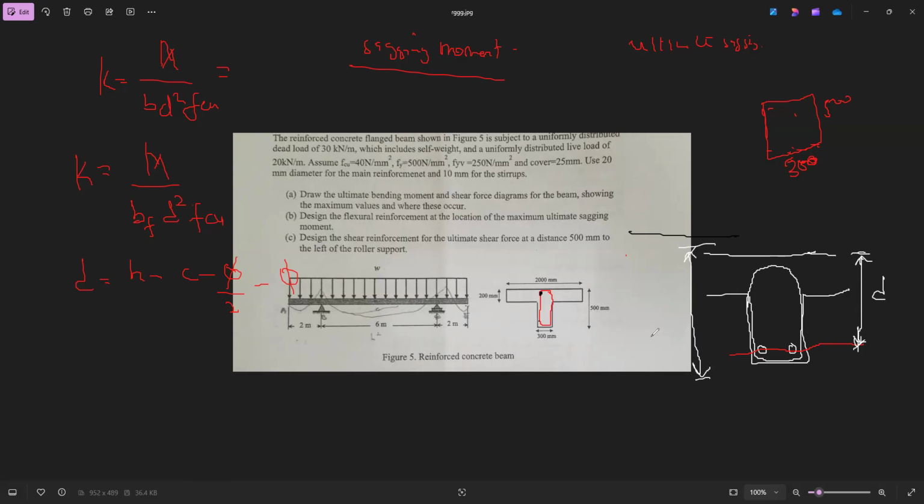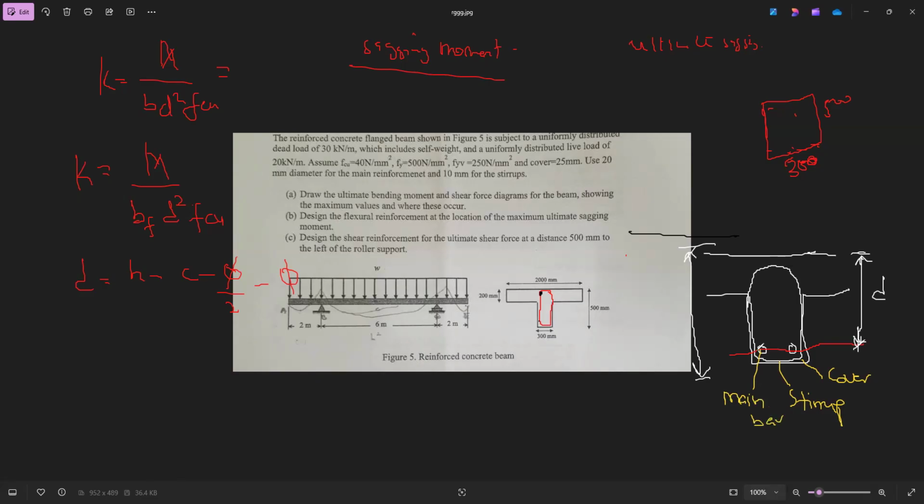What we do is that this is the cover, this is the stirrup, and this is the main bar. Do you get it?